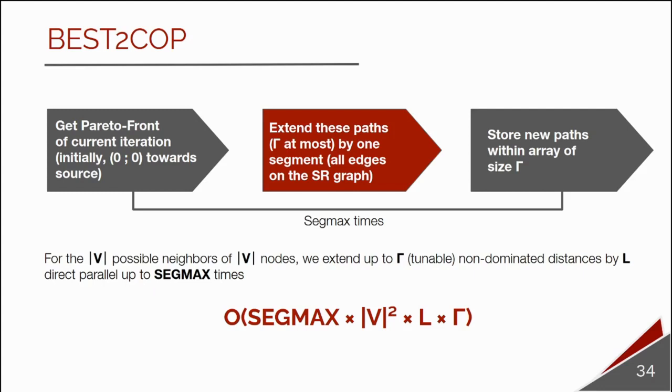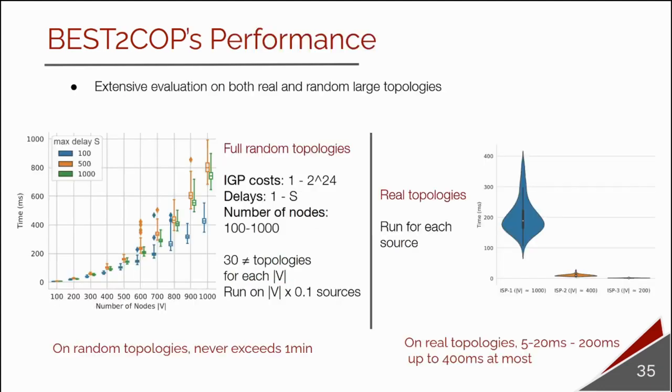This algorithm actually shows pretty good, if not very good, performance. We performed extensive evaluations on both random and real topologies, and we considered a gamma of 1000, which you can see as a delay constraint of 100 milliseconds and an accuracy around the millisecond.